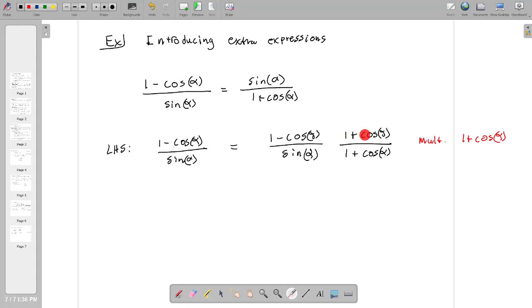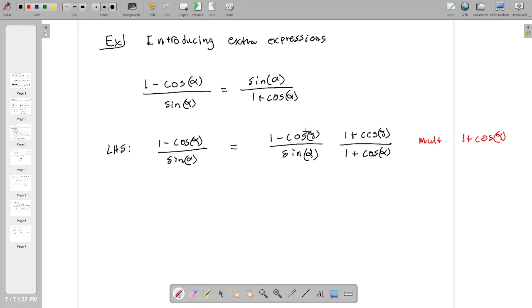And here, 1 plus cosine alpha divided by the same thing is exactly 1. It's just a unique form of 1. Something divided by itself is equal to 1. So I'm multiplying this expression by a factor of 1. And because we're multiplying by 1, we're not changing anything because 1 is the multiplicative identity. It doesn't change anything when you multiply by 1.